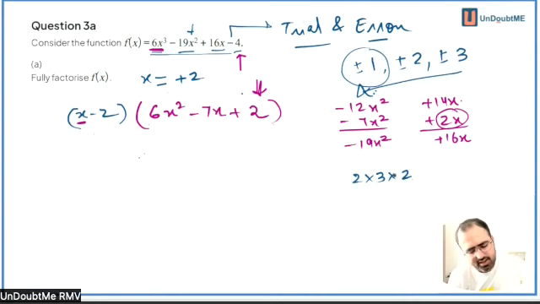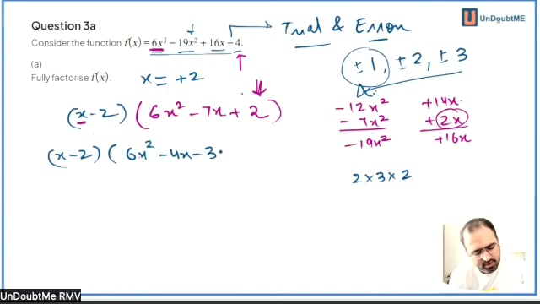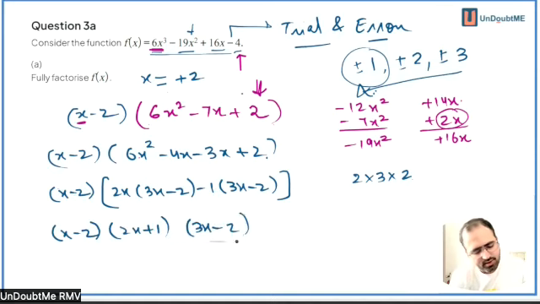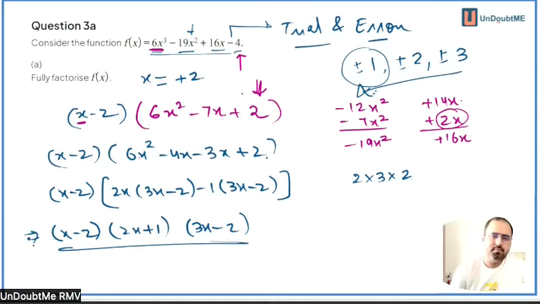So 4 and 3, x minus 2, 6x square minus 4x minus 3x plus 2. 2x, 3x minus 2, minus 1, 3x minus 2, and x minus 2. x minus 2, 2x plus 1, and 3x minus 2. We are done with the factors.